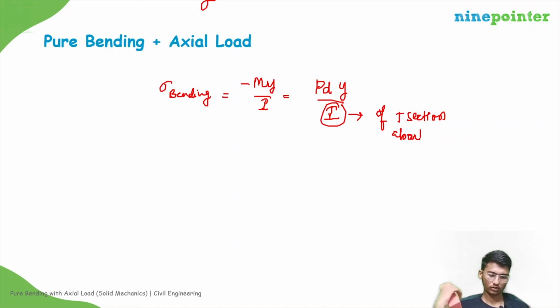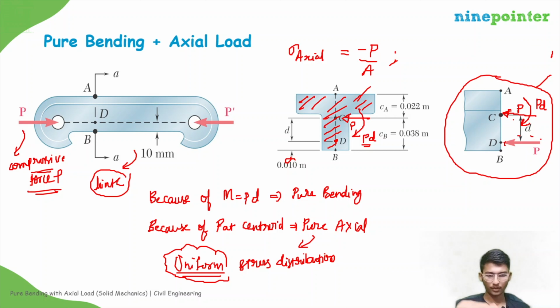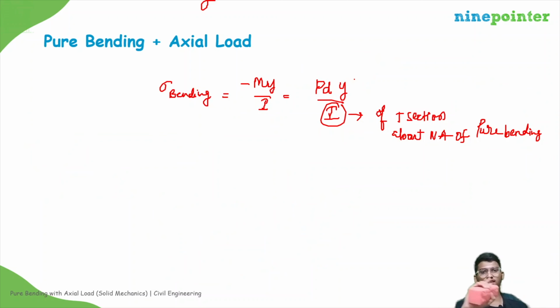About the neutral axis of pure bending. Okay. For pure bending case, the neutral axis will pass through the centroid. So this will be the neutral axis for pure bending. But the actual neutral axis is for the combined effect, right?